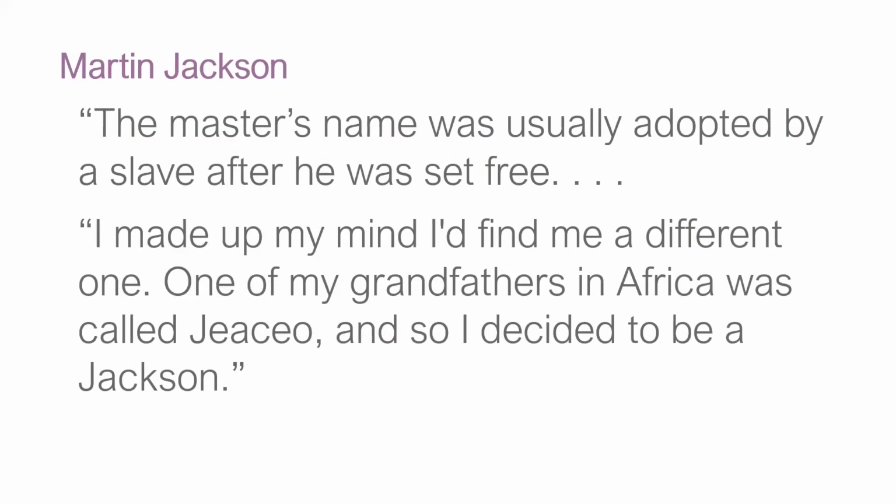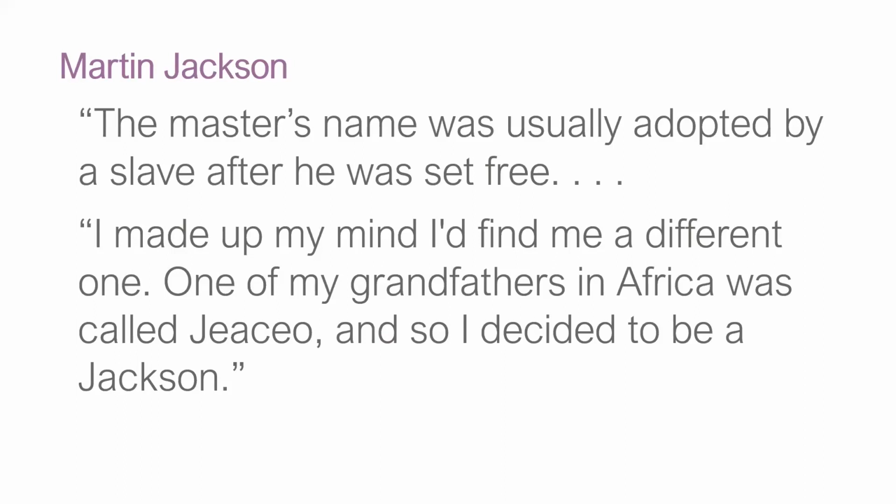Martin Jackson had previously been enslaved. In an interview in 1937, he explained how he chose his surname after the Civil War. He said, "The master's name was usually adopted by a slave after he was set free. This was done more because it was the logical thing to do and the easiest way to be identified than it was through affection for the master.